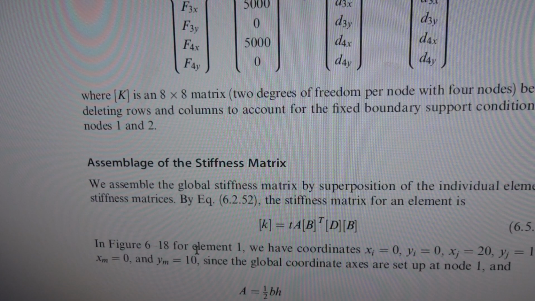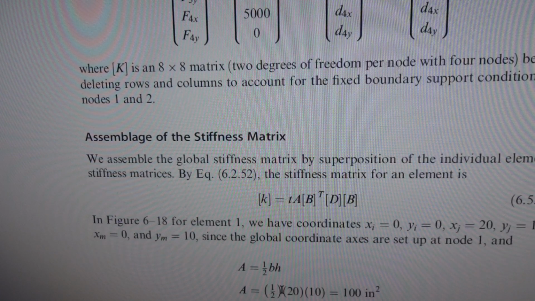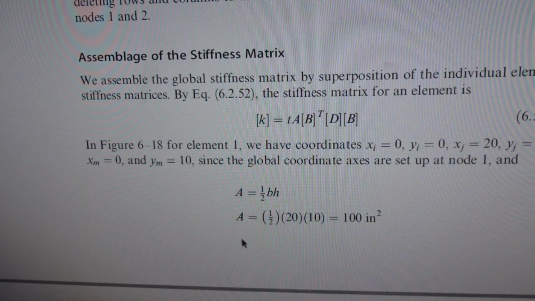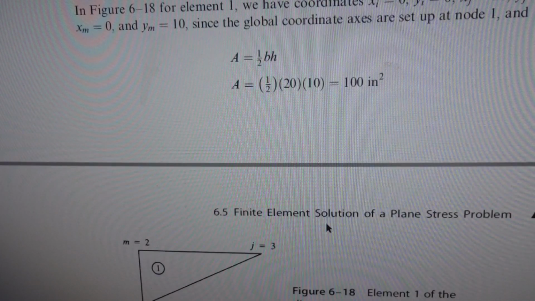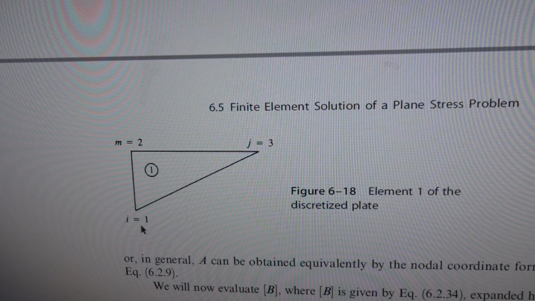You know that I already derived it: K is equal to t A BT D B for the CST element, and area is equal to half into b into h. So for element 1, half into 20 into 10 gives 100 inches squared. This is element 1, with i equal to 1, m equal to 2, j equal to 3.